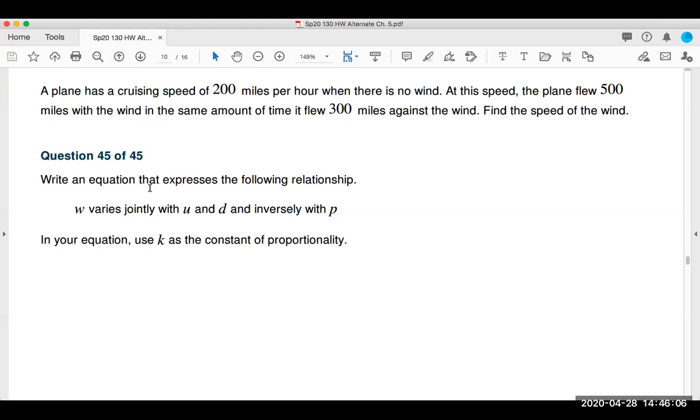Write an equation that expresses the following relationship. W varies jointly with U and D and inversely with P. In your equation, use K as the constant of proportionality.